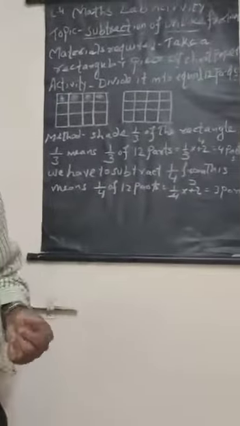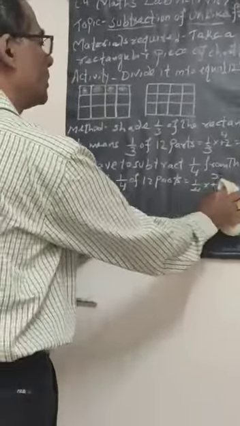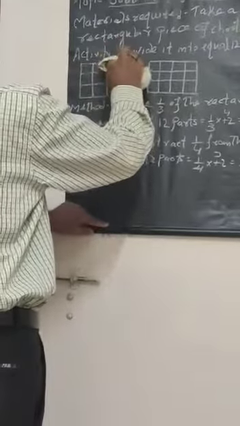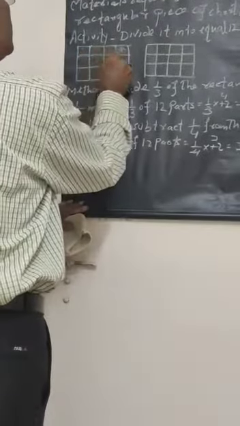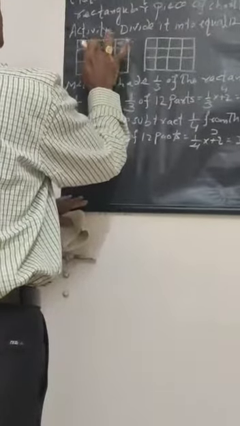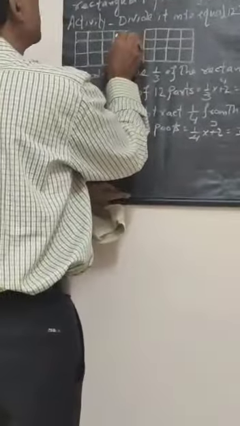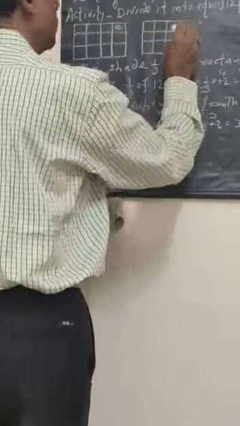Now what will you do? You rub the 3 parts. Do it with pencil so you can rub. So how many parts are left over here? Only 1 part is left over here.